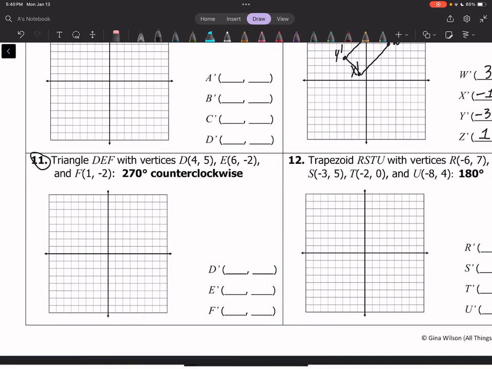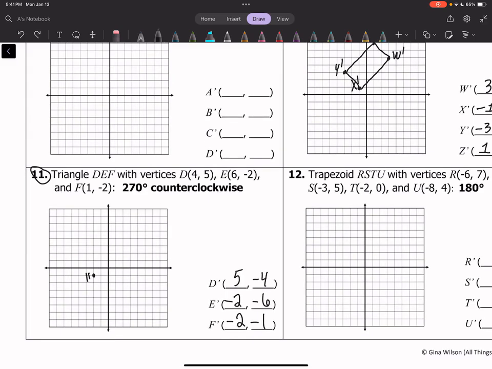All right, number 11, 270 degrees counterclockwise. I'm going to flip both of them and change the pre-image x value. 5, negative 4, negative 2, negative 6, negative 2, negative 1. Okay, now to graph. That was supposed to be an F prime.